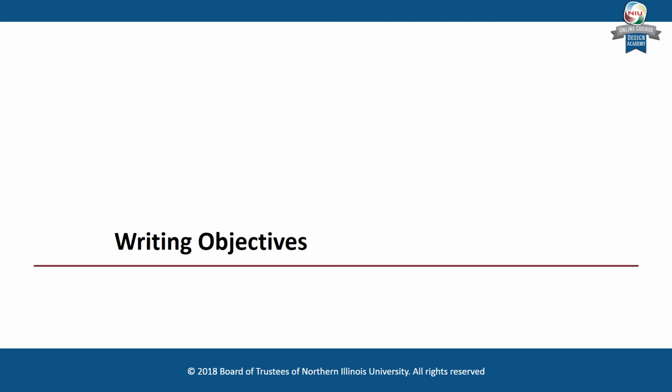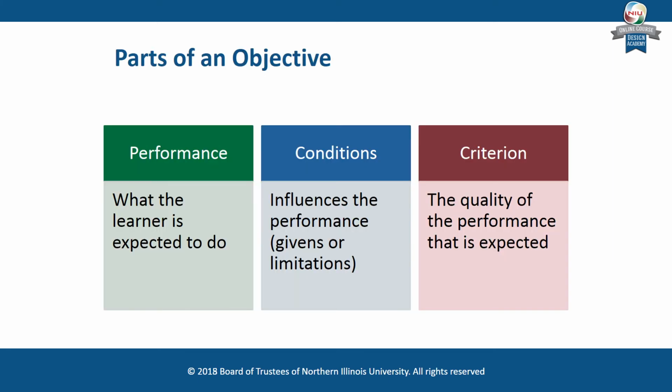Since you will likely have to write objectives for at least the module level of an online course, here are some guidelines for writing objectives. There are three main parts to an objective: the performance, conditions, and criterion. First, the performance is the knowledge, skill, or behavior that students will learn. As you already learned, the performance must be an active verb that is specific and measurable.